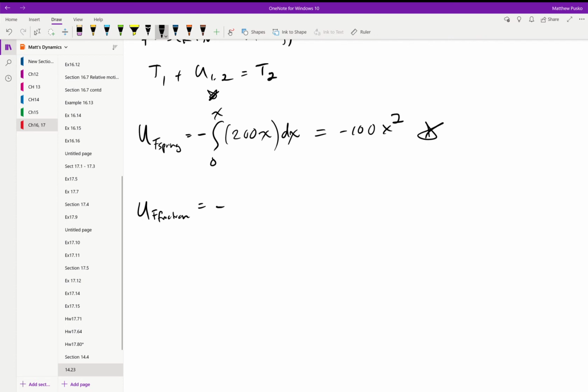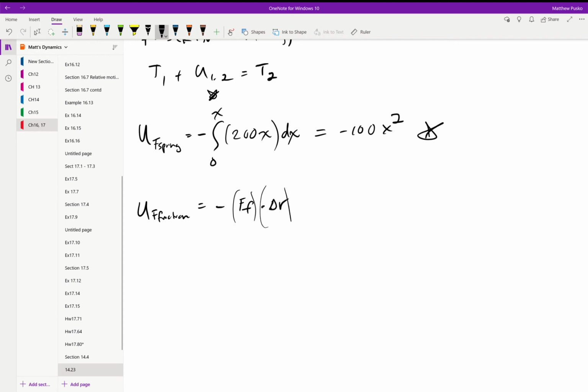So we have a minus sign, and we've got the force of friction dotted into the displacement. In this case we can just use delta R, because remember, friction is always in the opposite direction of displacement. We really just need to know the force and the displacement itself.